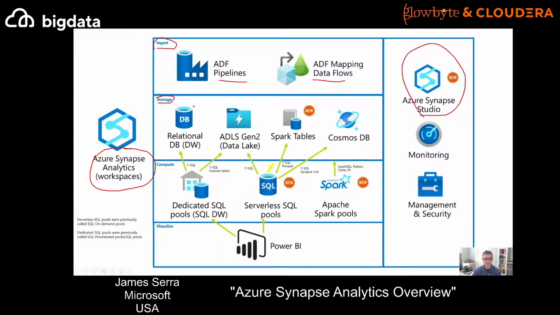One thing you can move that data into is your relational database. This is a traditional SQL data warehouse where that database has a dedicated SQL pool. You can use regular T-SQL over that, just as in the past. You also have the ability inside of Synapse Studio to use a data lake store. And in most cases, you use Data Lake Store Gen 2. This is where you can land the data also.